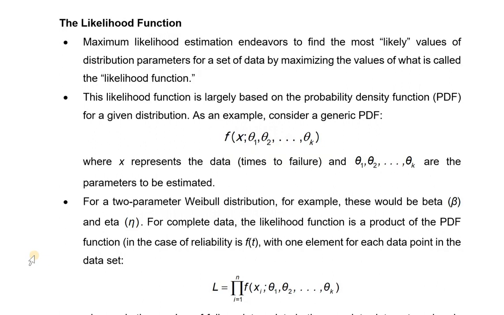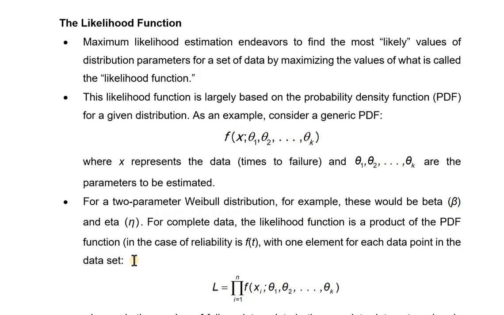Then we have to define which parameter we want to estimate. For example, in exponential we only have one parameter, which is lambda. But for example, if we have a distribution with two parameters, beta and eta, we have to decide in advance which one we want to estimate.